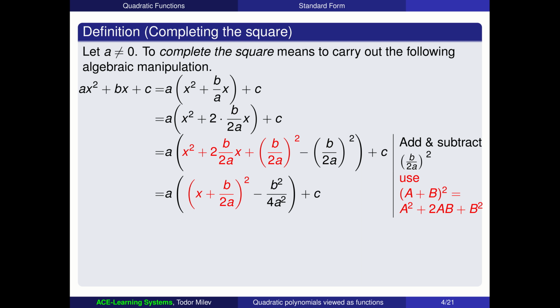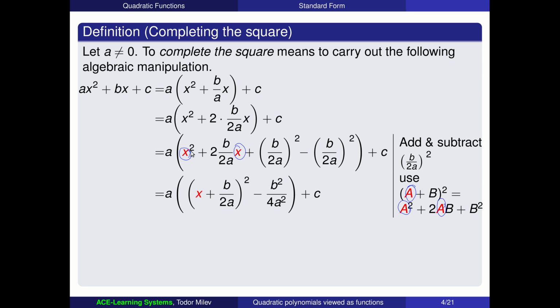Next, we use the fact that a plus b, the whole thing squared, is equal to a squared plus 2ab plus b squared. So, in this case, the letter x plays the role of a. So I'm having a plus b squared, and that is a squared, and that's the number a here.